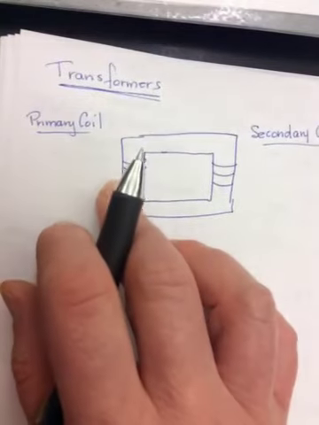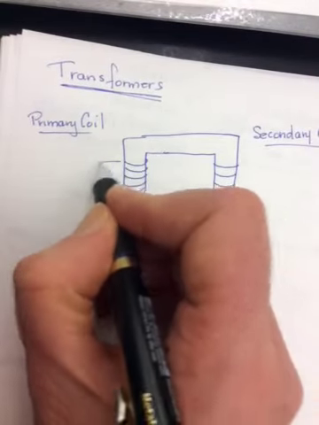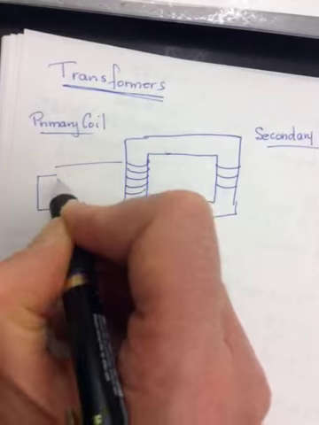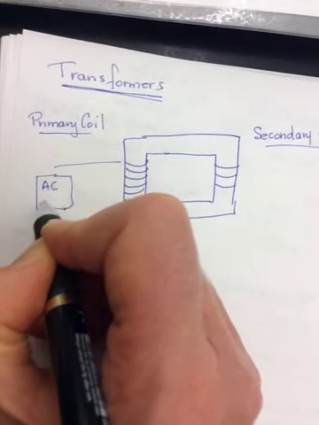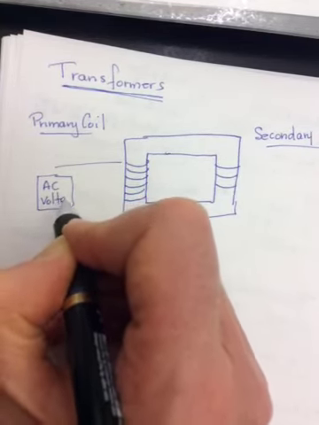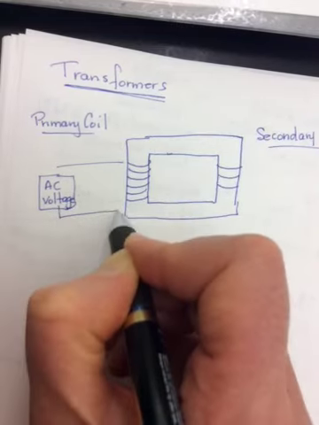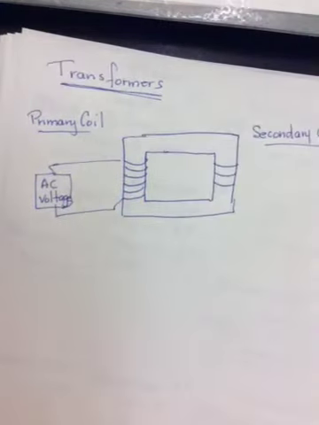Okay? So on the primary side, the primary coil is connected to an AC voltage. Okay, so maybe it's plugged in the wall, whatever, but it has AC voltage.